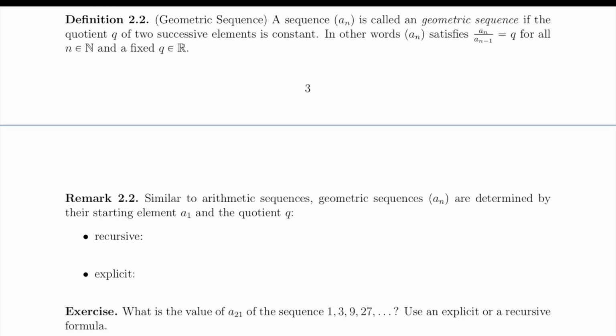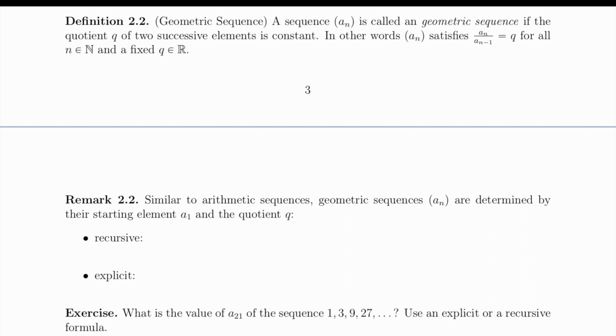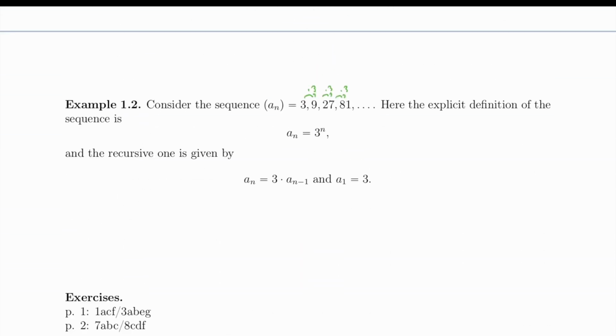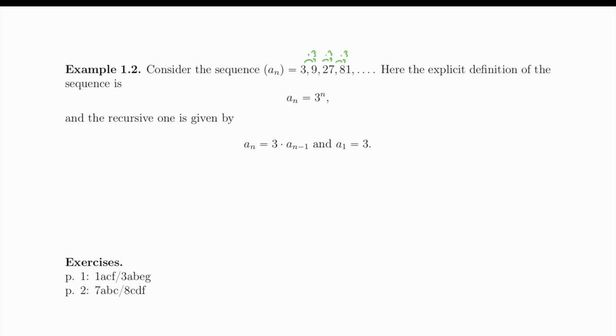Then, similarly, but just a different operation, we have so-called geometric sequences. A geometric sequence we've already seen would be this one here, where we always do times 3.